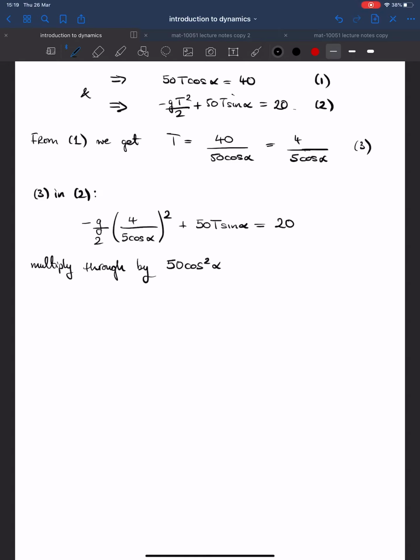When we do this, what we get is the following. We get minus 16, because that's 4 squared, g, plus now 2,500.